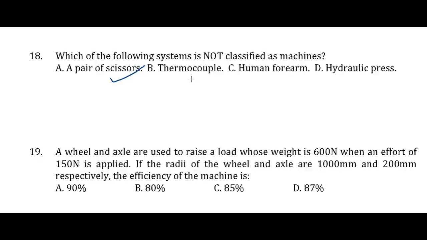It's a sensor that converts temperature differences into electrical voltage, so it is not a mechanical device. Human forearm is a third-class lever. Hydraulic press is a machine, a fluid power machine. So the answer to this question is thermocouple.